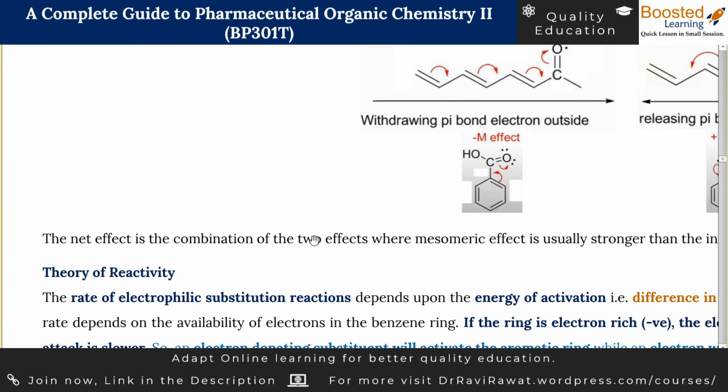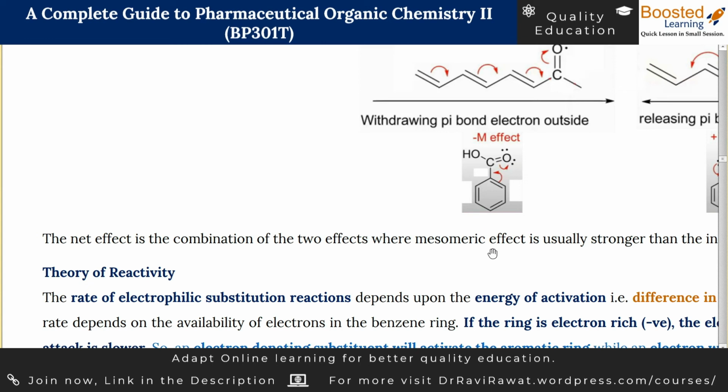So the net effect, whether the molecule is going to increase the electron density of benzene or is it going to decrease, will depend upon the net effect of the combination of two effects. So the effects are going to get combined. The inductive effect and the resonance effect are going to get combined, and the net result would be there.